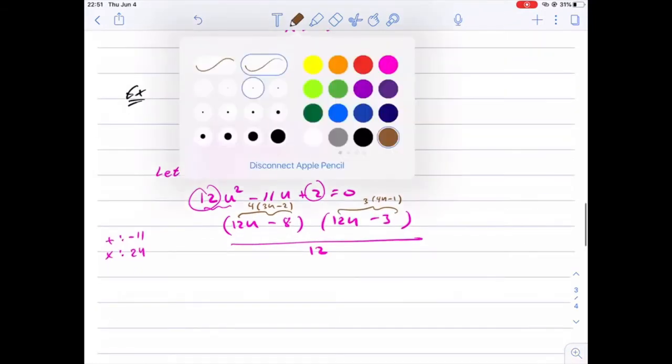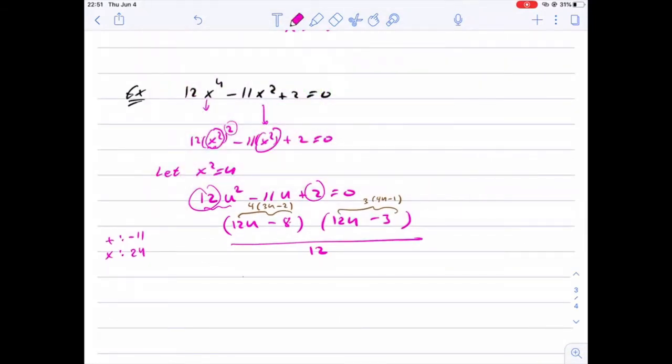So this becomes 4 times 3u minus 2 times 3 times 4u minus 1 all over 12. But we know that 4 times 3 is 12.